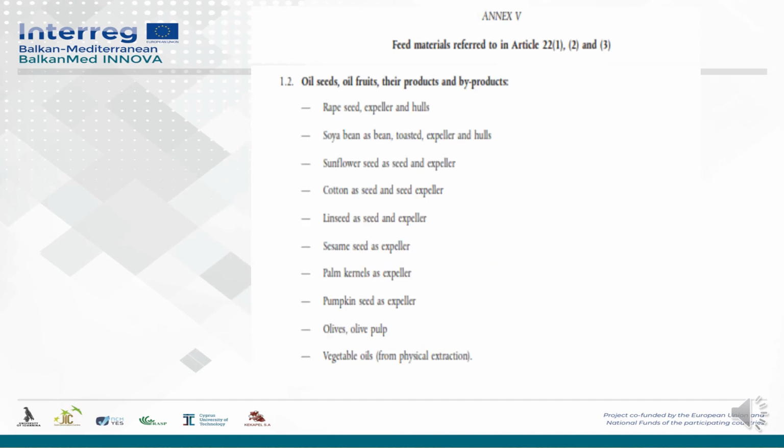The second group is oil seeds, oil fruits, their products and byproducts, like rapeseed, expeller and hulls, soya bean as bean, toasted expeller and hulls, sunflower, cotton, linseed, sesame, palm, pumpkin seed, olives, olive pulp, vegetable oils from physical extraction.